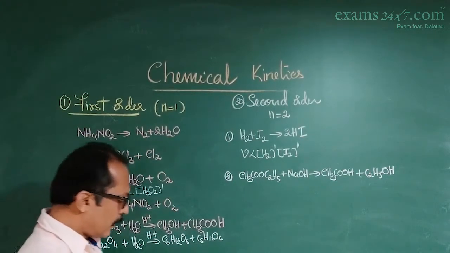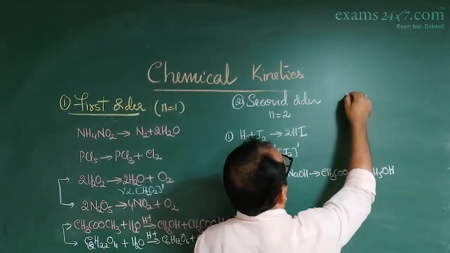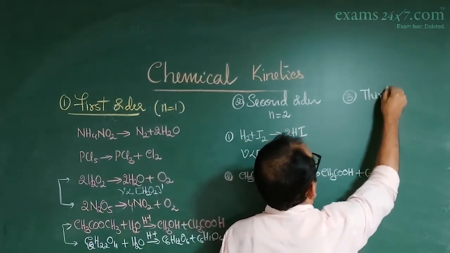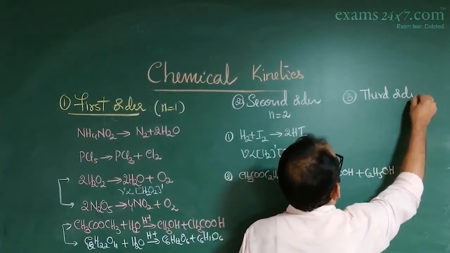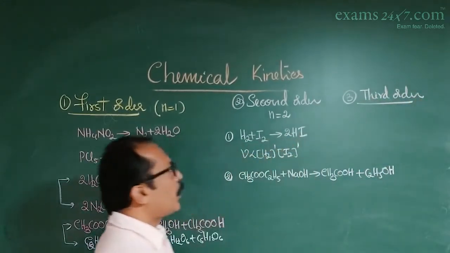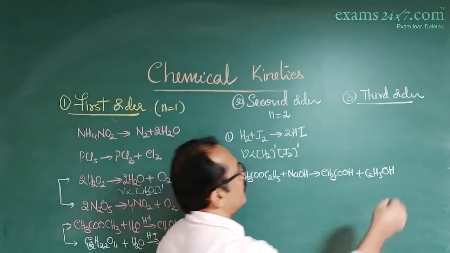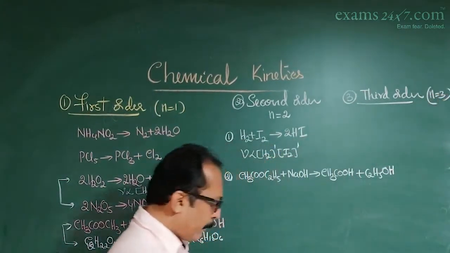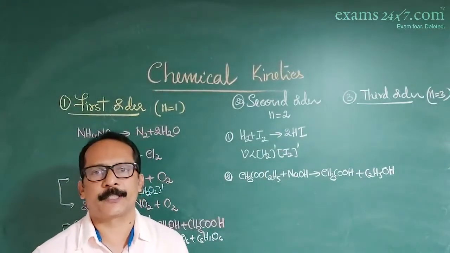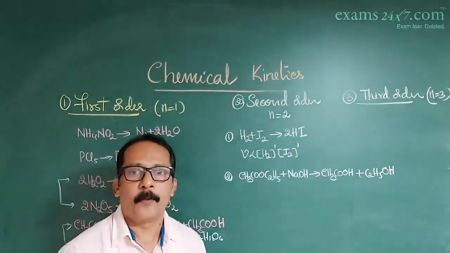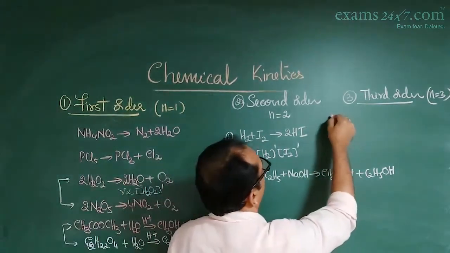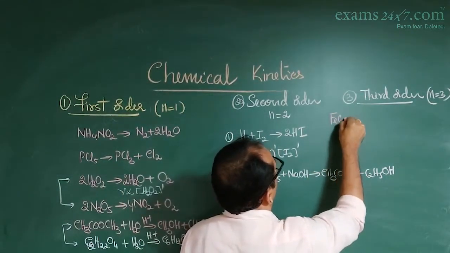Next, the third order reaction, where the order of the reaction is 3. An example for a third order reaction: the reaction between ferric chloride and stannous chloride is an example of a redox reaction.